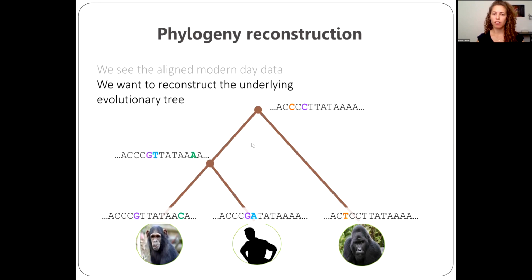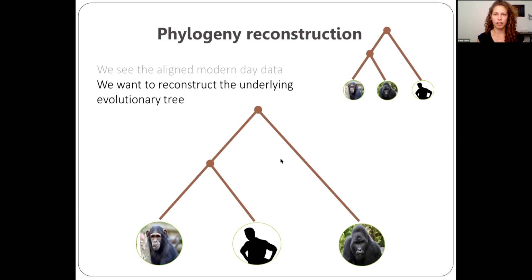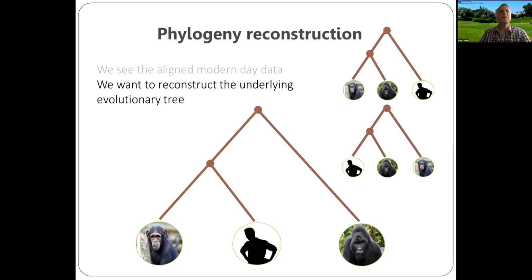Because we assessed all other alternatives. Here, chimpanzee and human are grouped together, and here gorilla and chimpanzee are grouped together, and we can also group together human and gorilla. So this tree received the highest score. That's why we say that this is the phylogeny for these species.